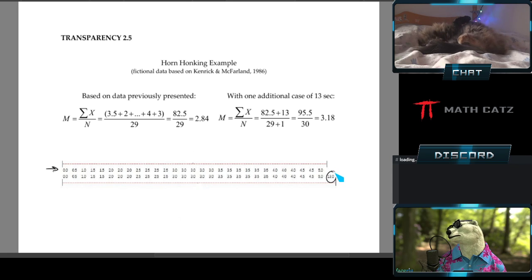The presence of this extreme score relative to the others, we'll call it an outlier. It's much higher than anything else, right? In the calculation of this mean, this average, it pulls the mean towards it in a much more drastic way.